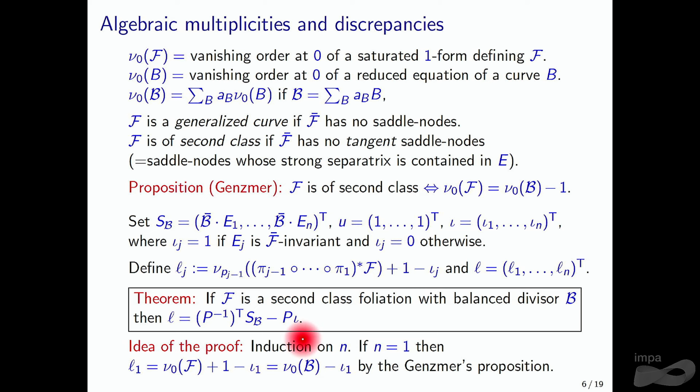And P, the proximity matrix in the case n equal 1, is just the number 1, so we obtain the result in this case, and after that is induction, using the case n equal 1 at the least in the inductive step.